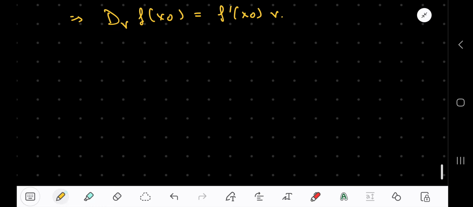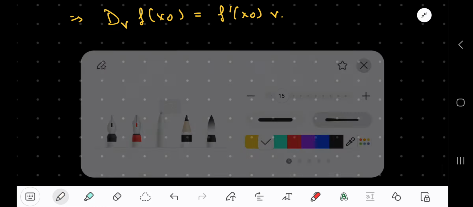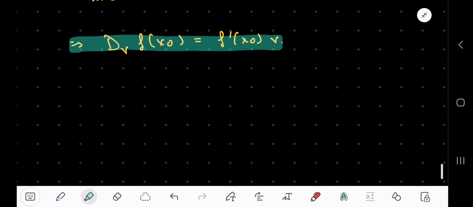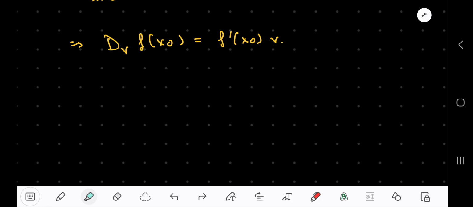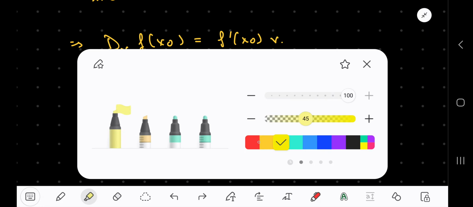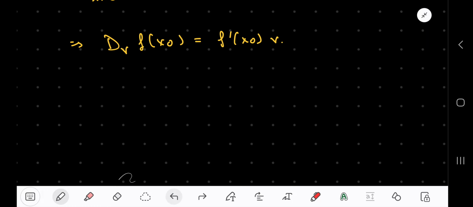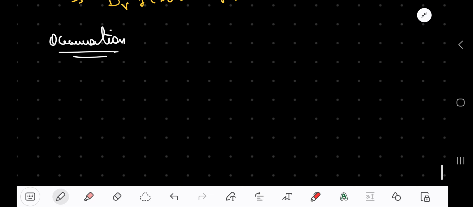One more consequence which you can immediately draw from here. Let me use the red one. Fine. Keep it high. The observation is that this immediately means that once a function is totally differentiable, it's directionally differentiable as well.